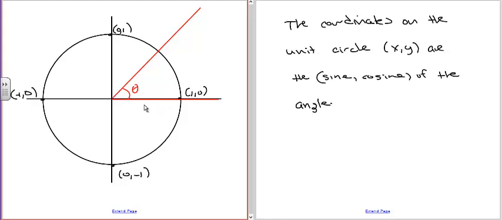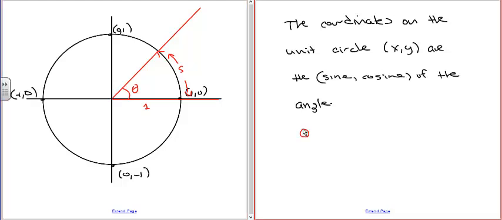And this length is 1, and then the arc length here is, call it S. So that's the arc length. So theta is the ratio of the arc length divided by the radius. So if we have a full circle, S is 2 pi. So 2 pi divided by 1 would give us that a full rotation is 2 pi radians.